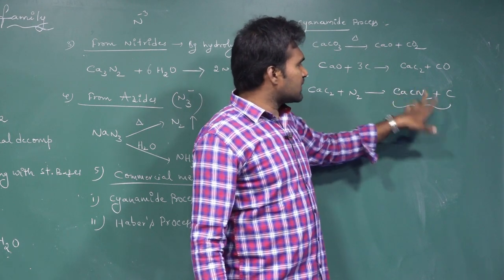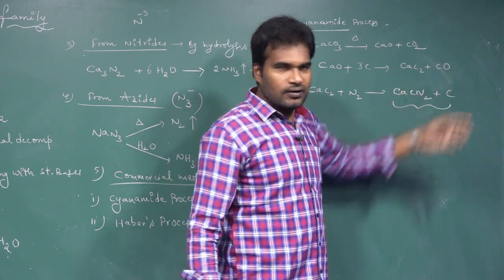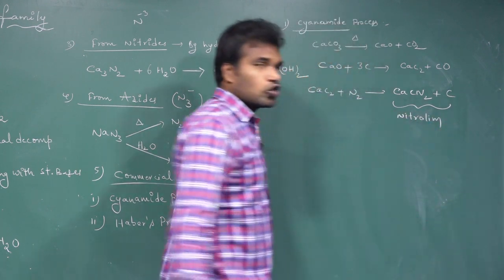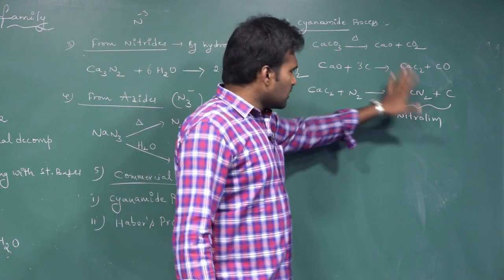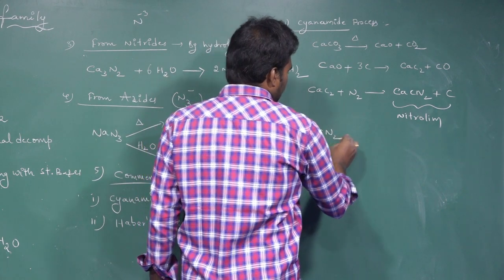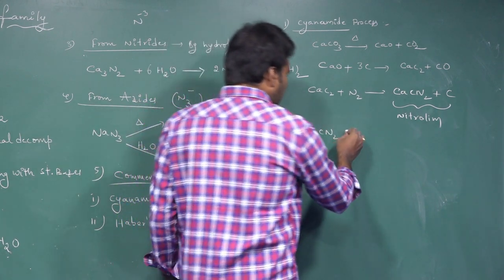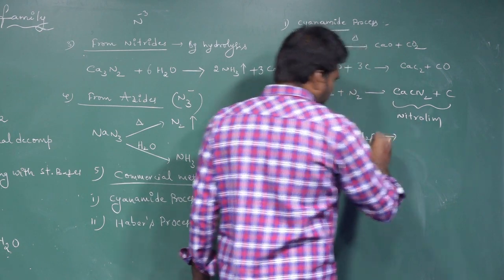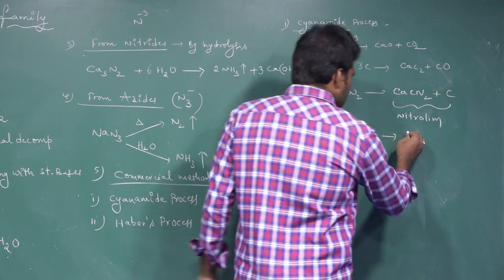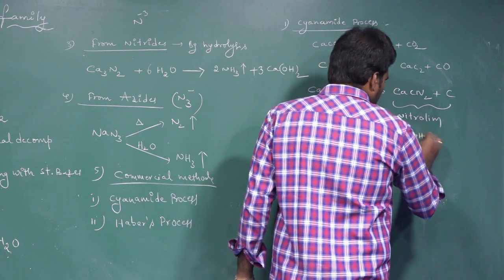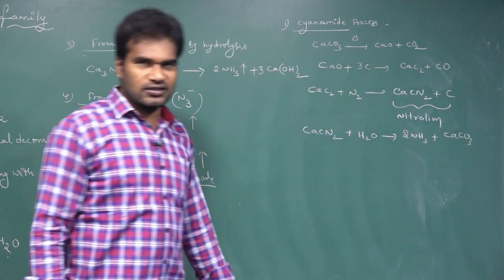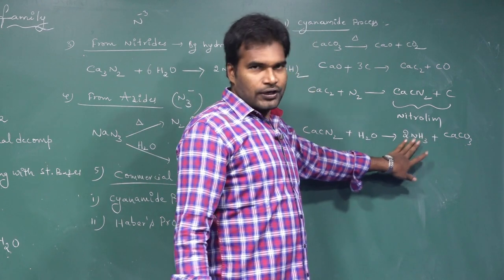The mixture of calcium cyanamide plus coke or carbon, we call it nitrolime. Now from this nitrolime mixture, you take cyanamide, CaCN2. On hydrolysis, we will get 2 moles of ammonia and CaCO3. This CaCO3 you can use again in the first step.